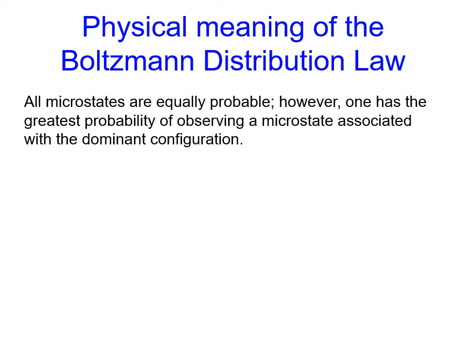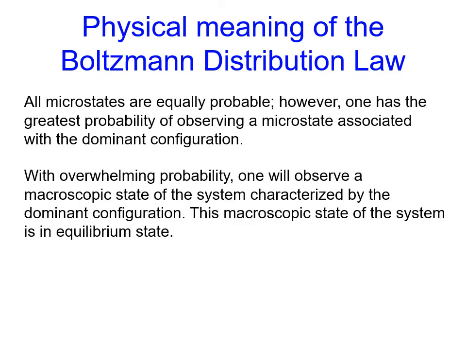And that's called the dominant configuration. One has the greatest probability of observing a microstate associated with the dominant configuration. With overwhelming probability, one will observe a microscopic state of the system characterized by the dominant configuration.